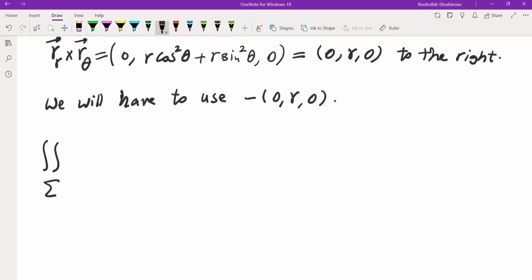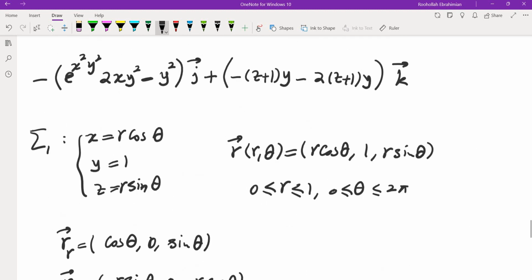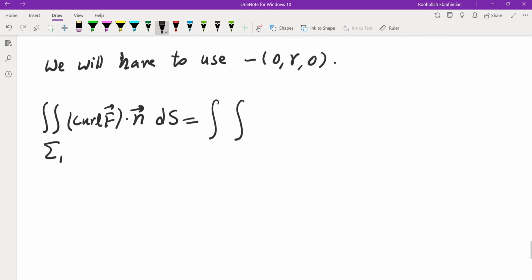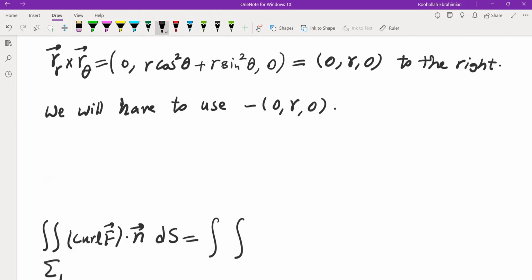Now we'll find the surface integral of curl f over this new surface. Curl of f we already evaluated. Curl of f is this guy. Let's do the dot product first, because I don't want to keep writing down this whole thing. So curl of f dotted with 0, negative r, 0: we can ignore the i component and the k component. We only need to multiply the j components.